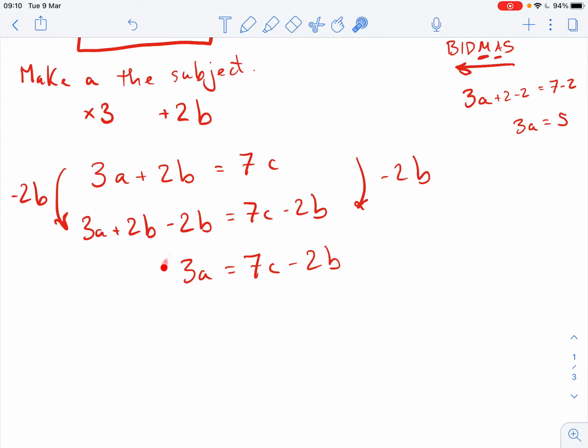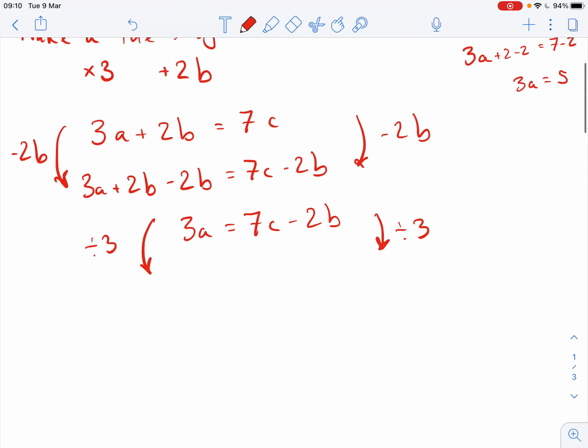So now we think, what's left next to a? We've just got 3, and that means I'm multiplying a by 3, which is what we wrote down at the start. So to undo this step, I need to divide both sides by 3. And again, as you get better and better at this, you can just jump to the next step, but I'm going to show what's going on in its full glory.